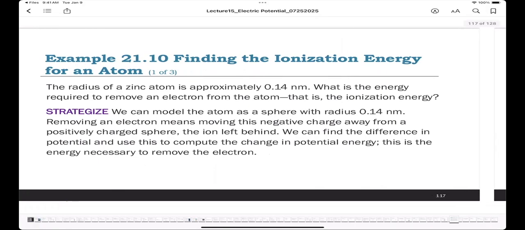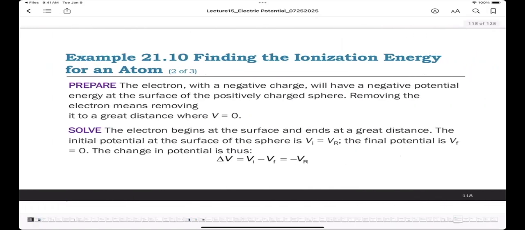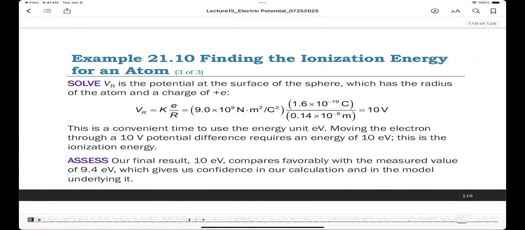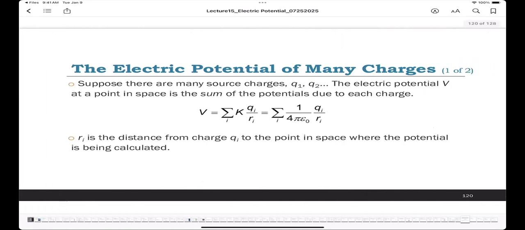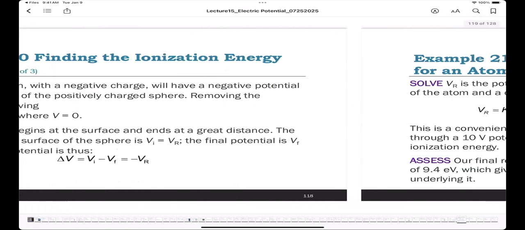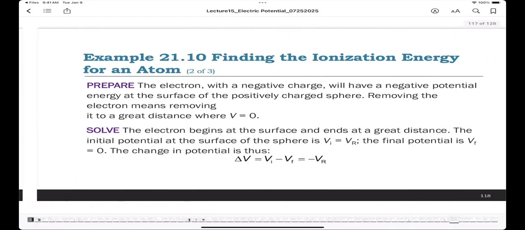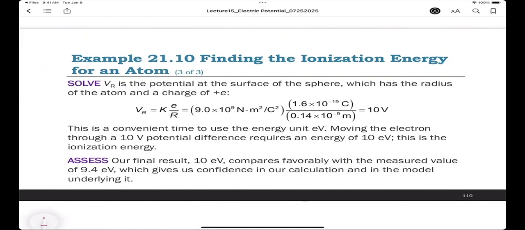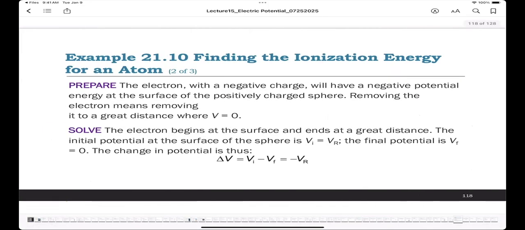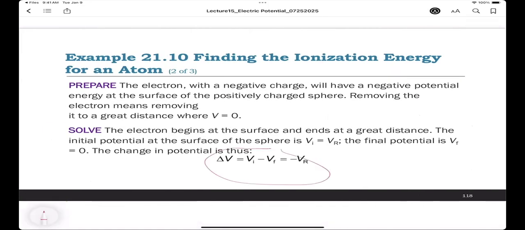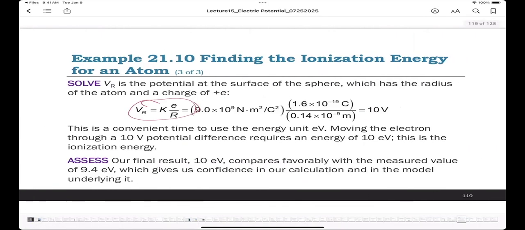There is no time to talk about this example, so just review it by yourself. It is similar, you just use those equations to calculate it. It's easy to understand.